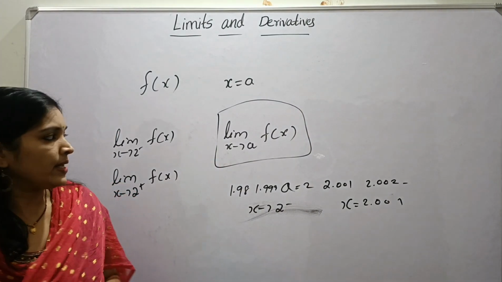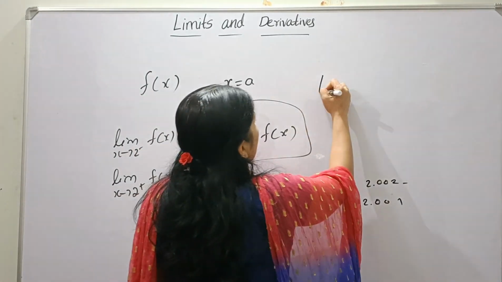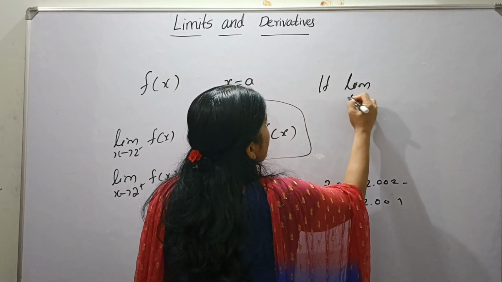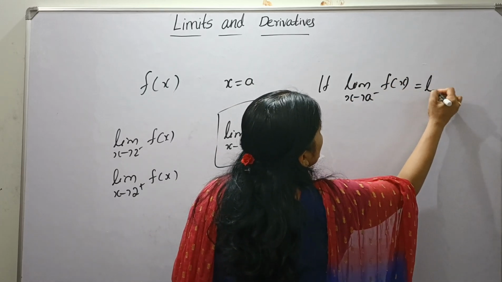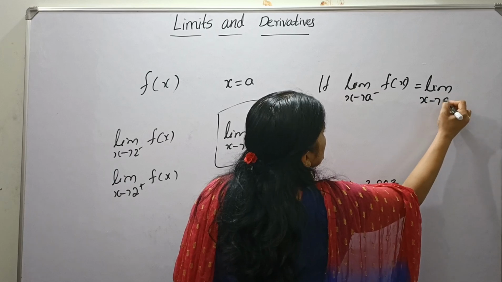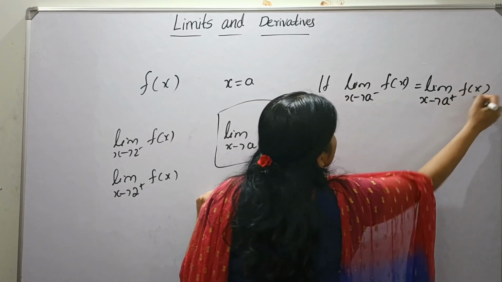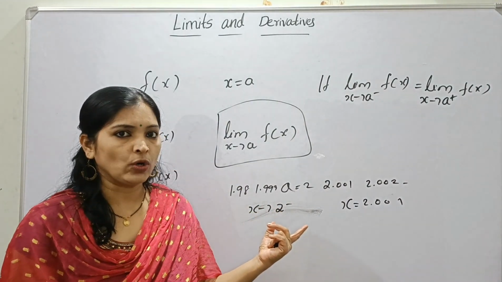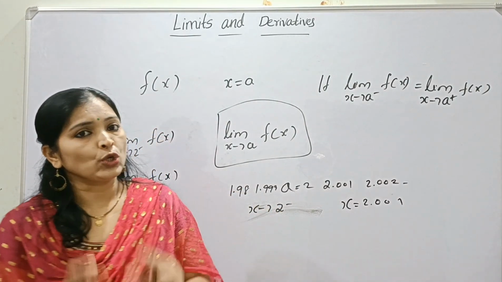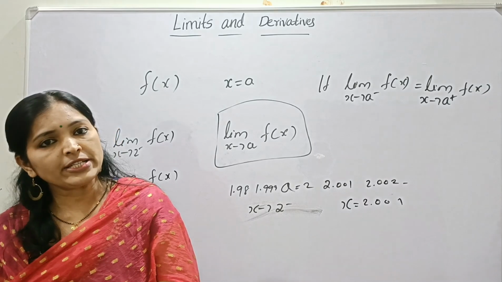If limit x tends to a minus f of x is equal to limit x tends to a plus f of x, that is, the left hand limit should be equal to the right hand limit.